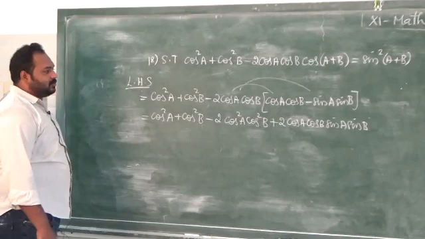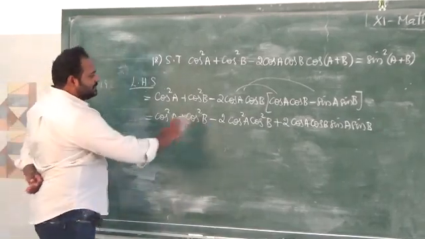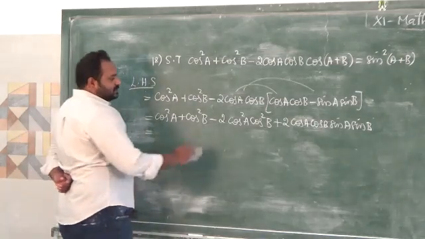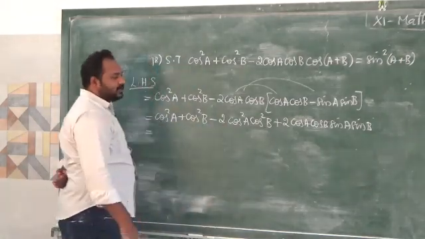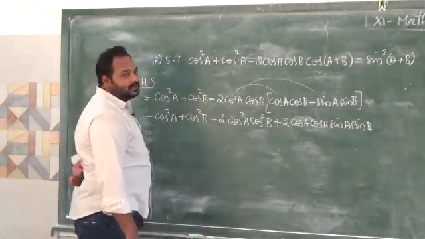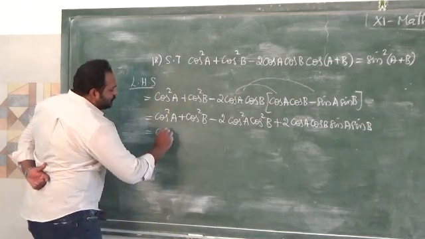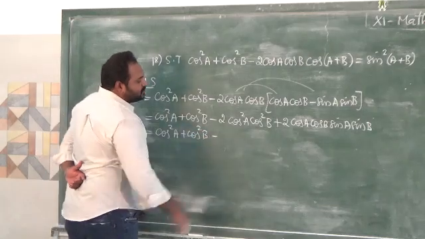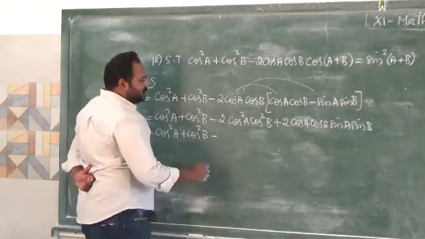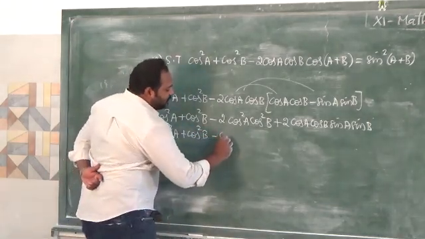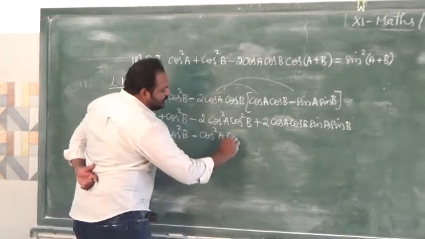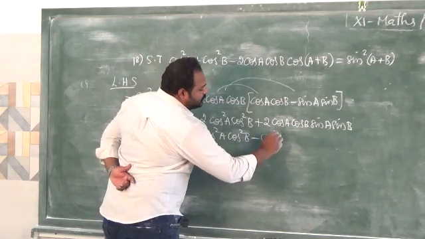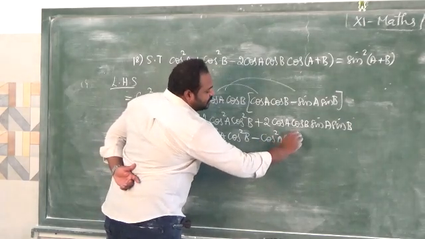Next I am going to group these terms. Before grouping, I am going to split this minus 2 cos²A cos²B into two. Here cos²A + cos²B − 2 cos²A cos²B can be written as cos²A + cos²B − cos²A cos²B − cos²A cos²B.